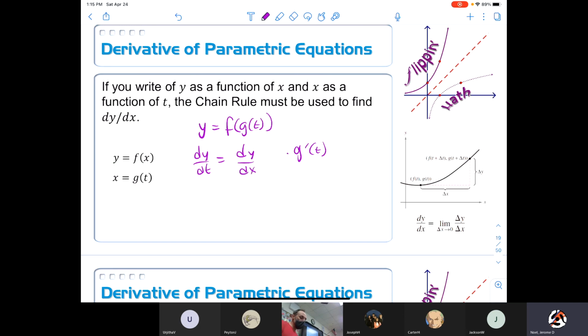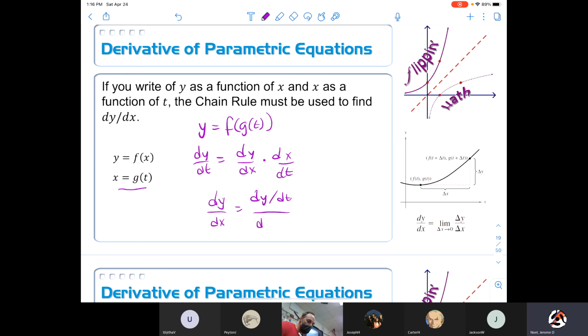And then g prime of t is the derivative of x with respect to t. And now to solve for your dy dt, you have to divide by dx dt to the other side, and you'd have your dy dx is equal to on top dy dt over dx dt.